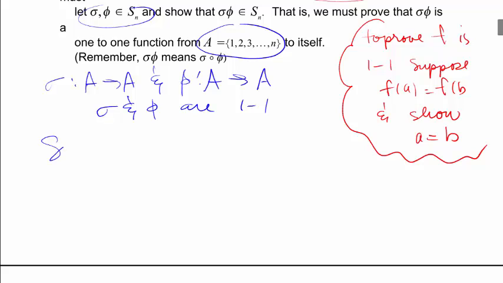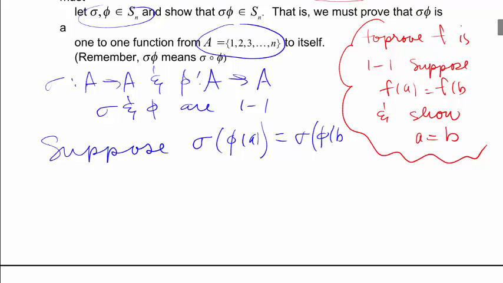So we suppose now that sigma of phi of a is equal to sigma of phi of b. Remember, sigma phi means sigma circle phi. Well, sigma is one-to-one, so that implies that phi of a is equal to phi of b.